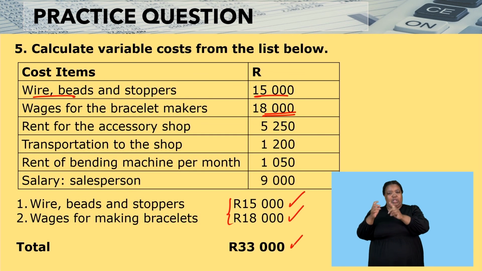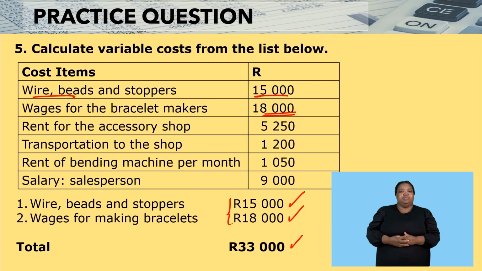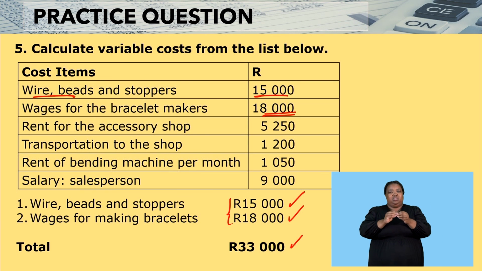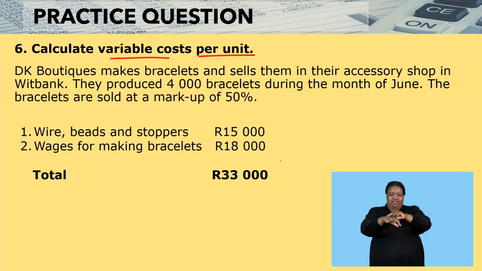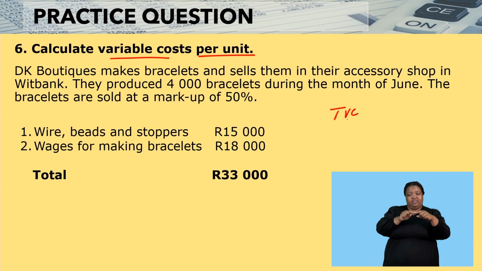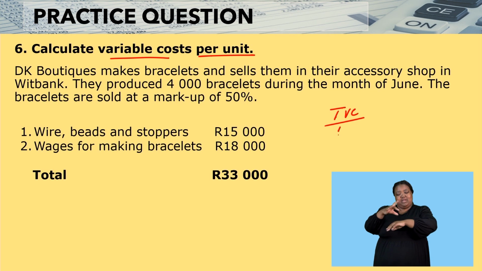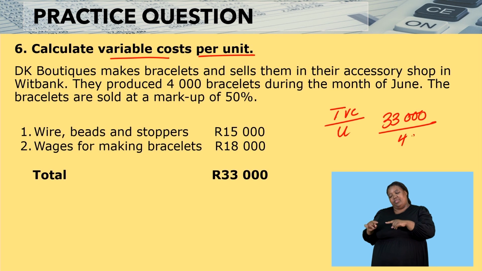When I have my total variable cost, I am then able to calculate the variable cost per unit. How do I do that? I take my total variable cost and divide it by the number of units produced. So I'm taking my 33,000 rands and dividing it by 4,000 units.